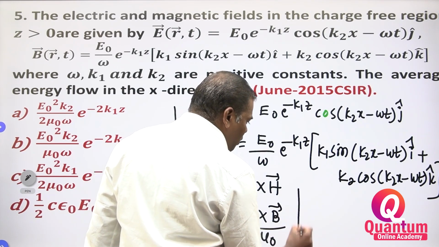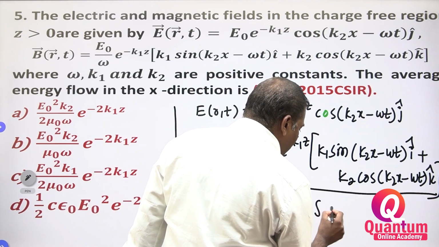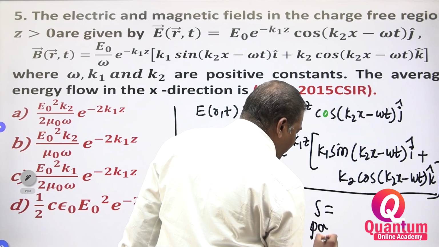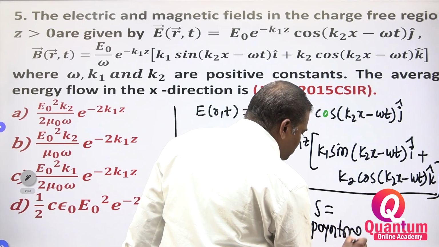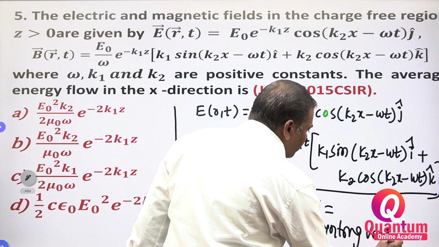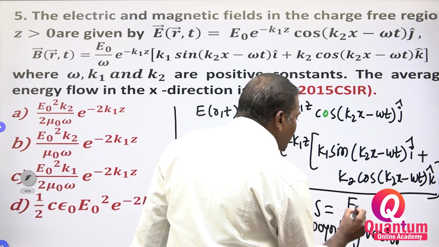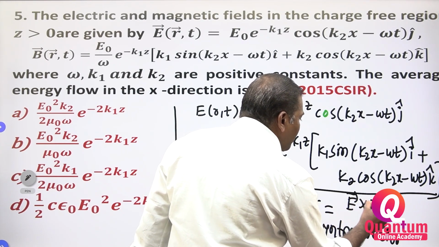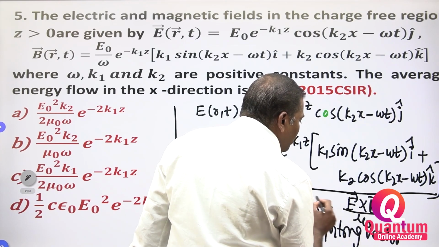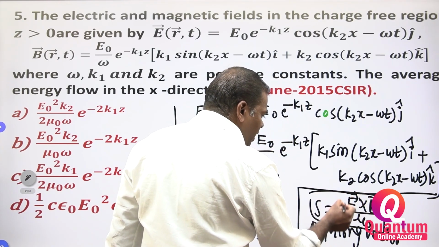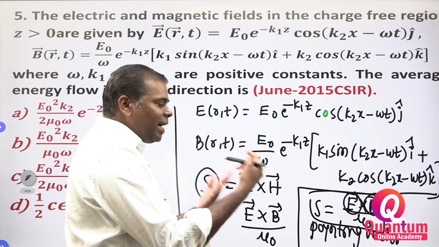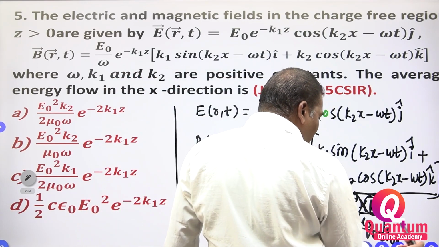Therefore, S is the energy flow vector, the Poynting vector. This is very, very important. Poynting vector S is equal to E cross B divided by mu naught. You know the E and B. Next you calculate the E cross B. How we have to calculate?